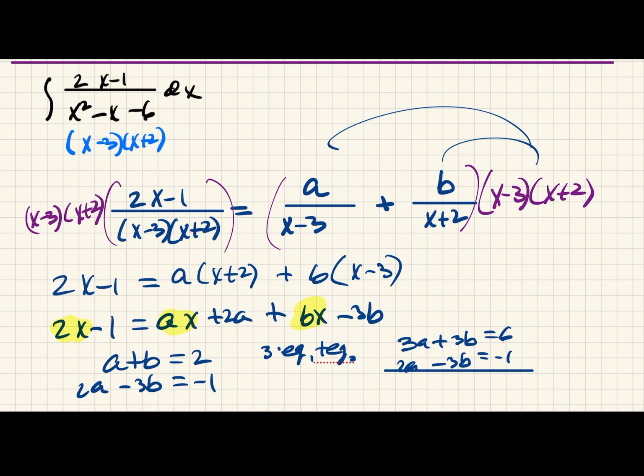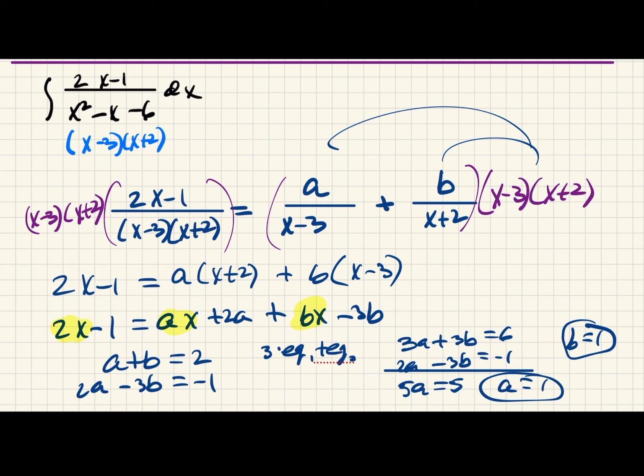Add them together, and the b's go away, and I have 5a equal to 5, which tells me that a is equal to 1. Now, hopefully you're good with the elimination process of solving a system of equations at this point. Okay, so now I know that a is 1. I know that a plus b is 2. So that tells me that b would have to also be equal to 1.